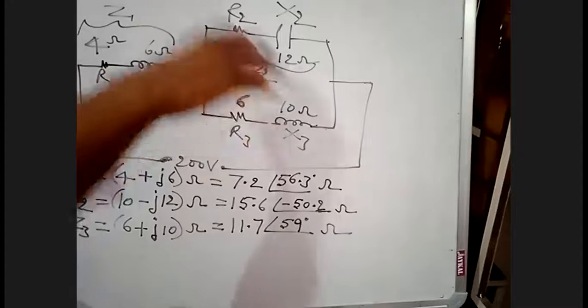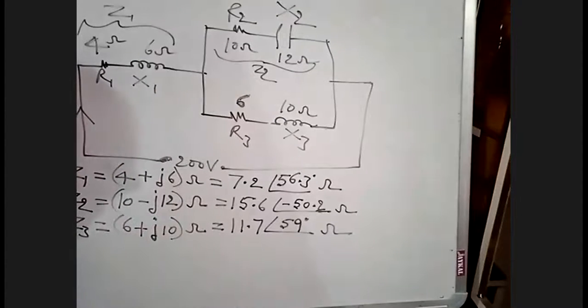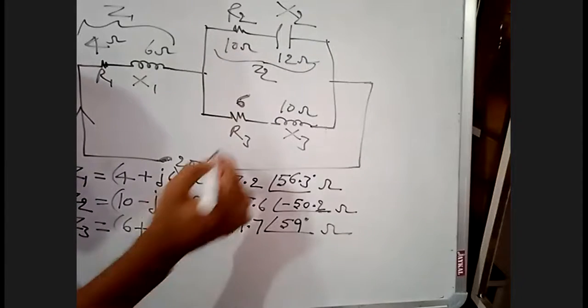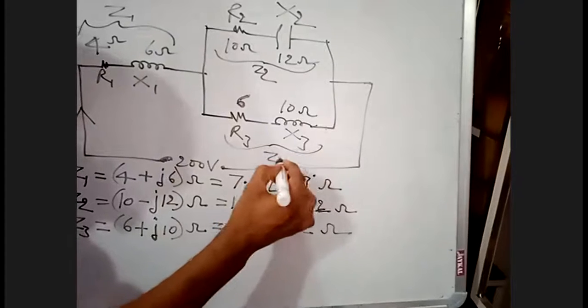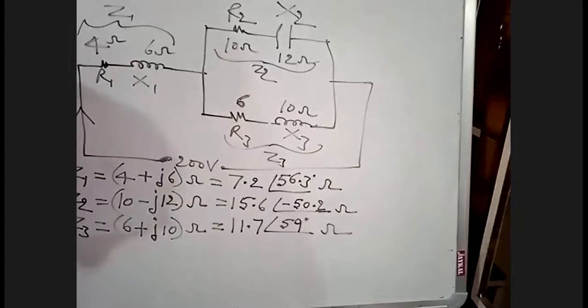Now can you tell me the equivalent impedance of the entire circuit? Z2 and Z3, how are they, parallel or series? They are parallel.